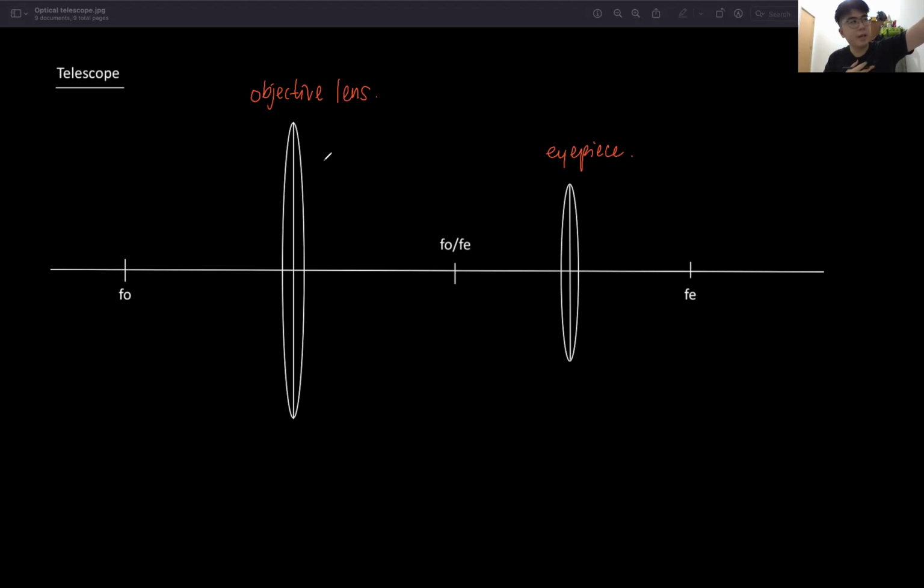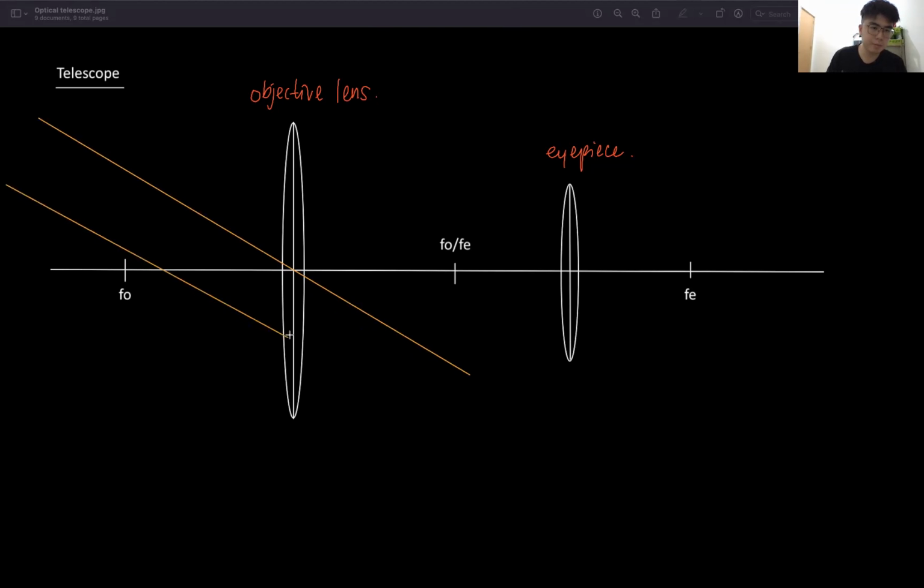Light from a distant object, very, very far, at infinity, comes at an angle with the principal axis, like this. Center, parallel, sorry, this is focus, and parallel.